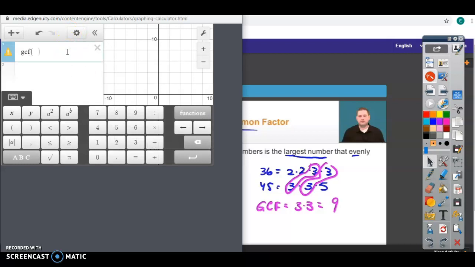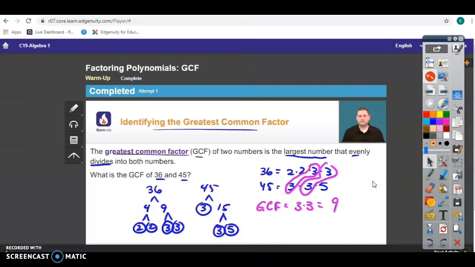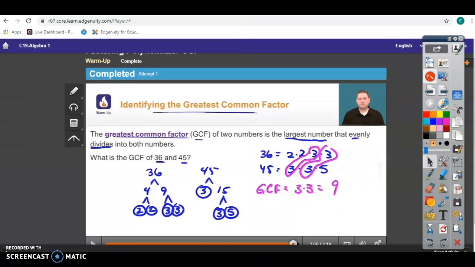GCF 36, 45, and it gives you the greatest common factor, 9. Okay? He did it the long way, but that's the shorter way to do it.